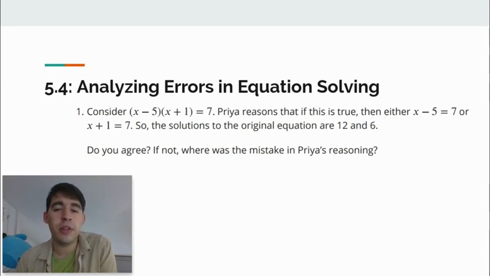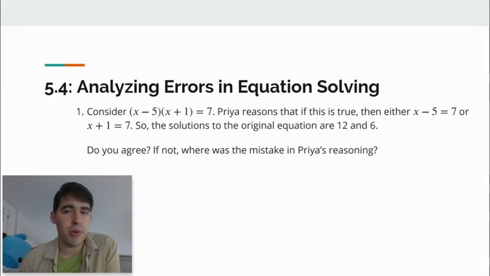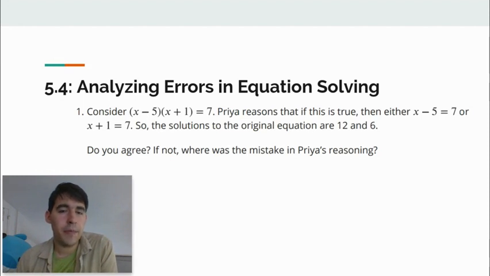So the solutions to the original equation are 12 and 6. Sorry, Priya, but this reasoning just doesn't add up. She's trying to use the zero product property here. The problem is it's not equal to 0. The zero product property only works when the product is 0.